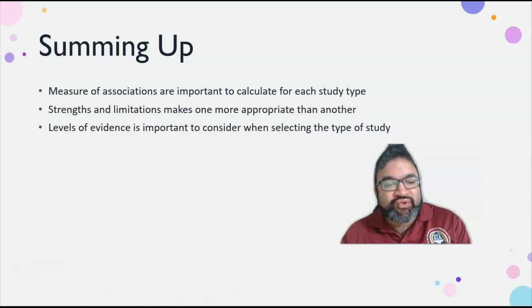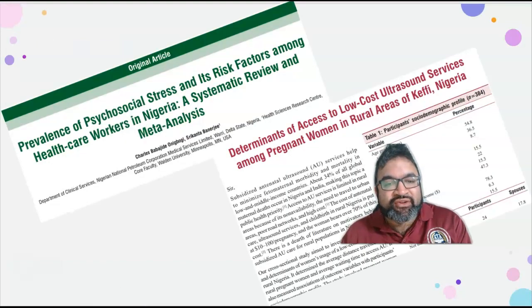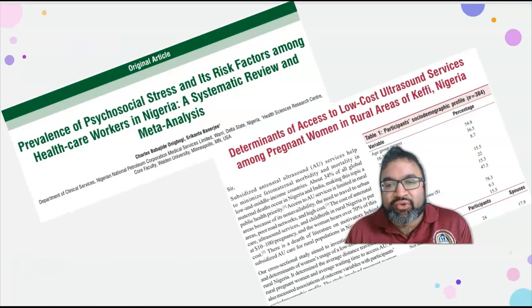I wanted to show and end with some of the articles that I helped co-author. One of those, which I conducted the analysis on, was a meta-analysis that we published, Prevalence of Psychosocial Stress and its Risk Factors Among Healthcare Workers in Nigeria, a systematic review and meta-analysis.